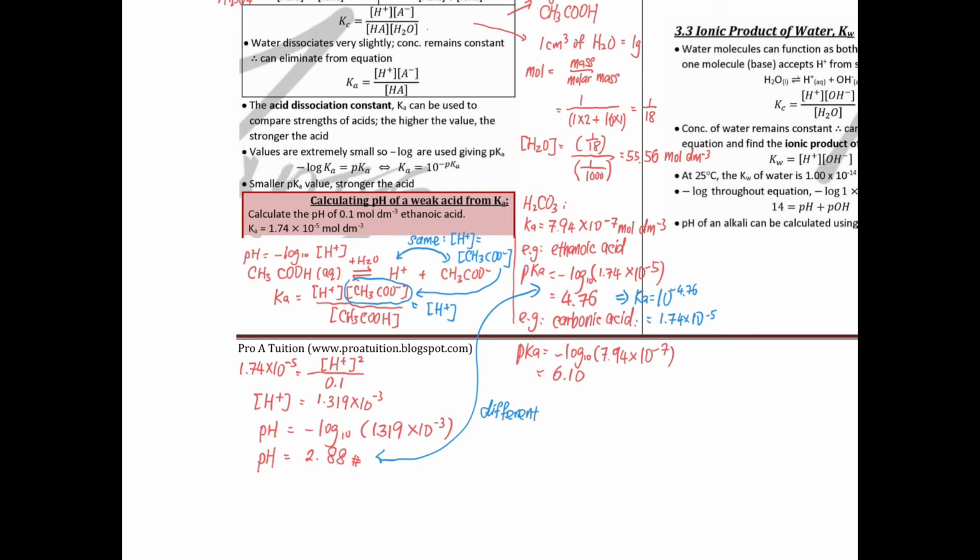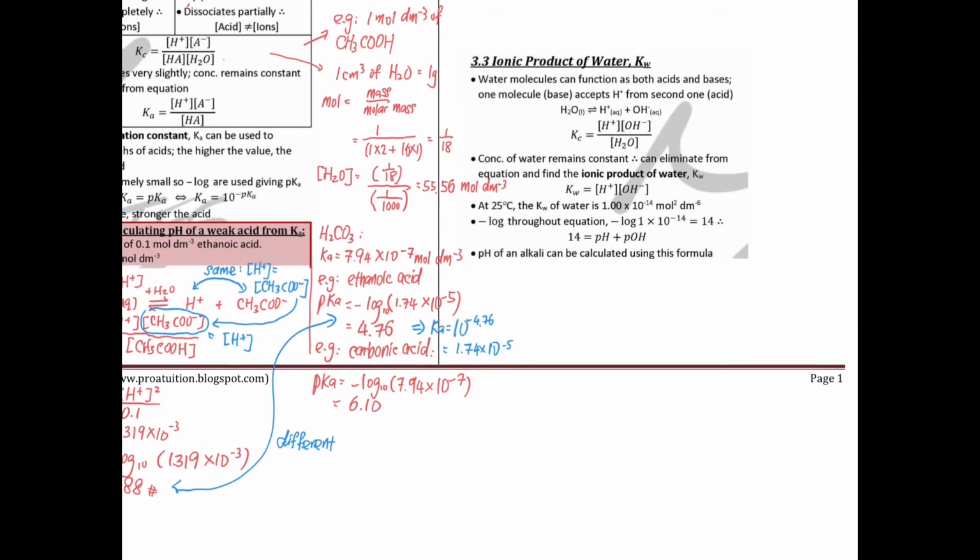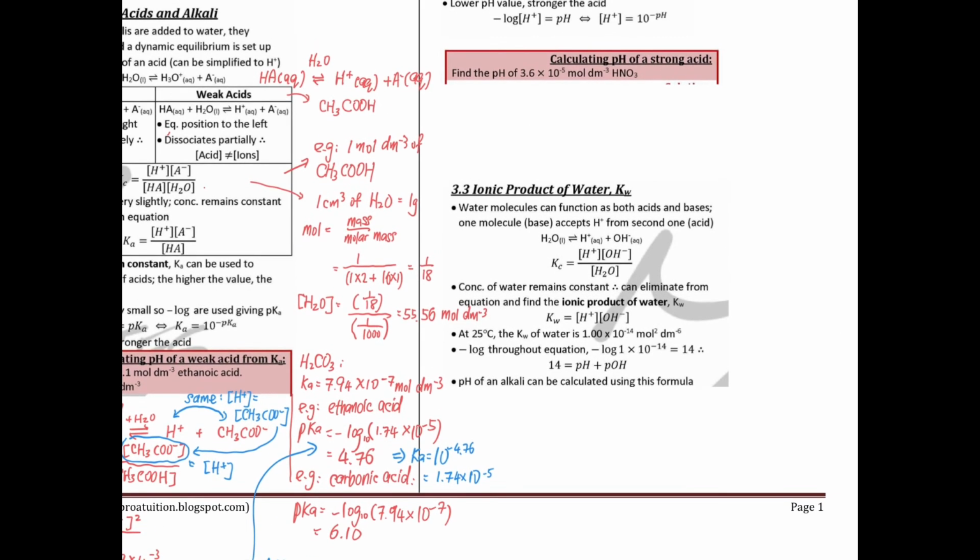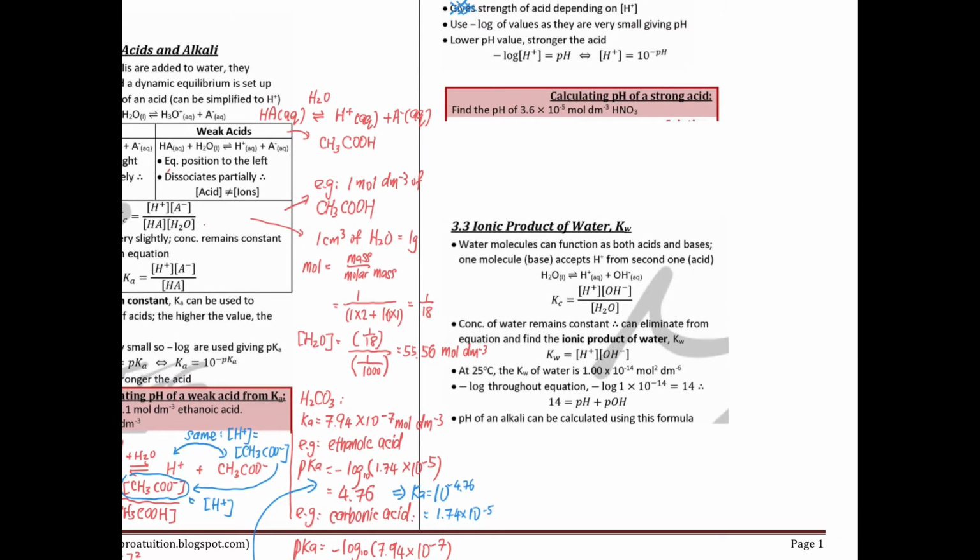So it's a different idea. Now you already know how to calculate the pH, and the process is quite complicated. Let's see more examples. This chapter involves quite a lot of formulas and calculation.